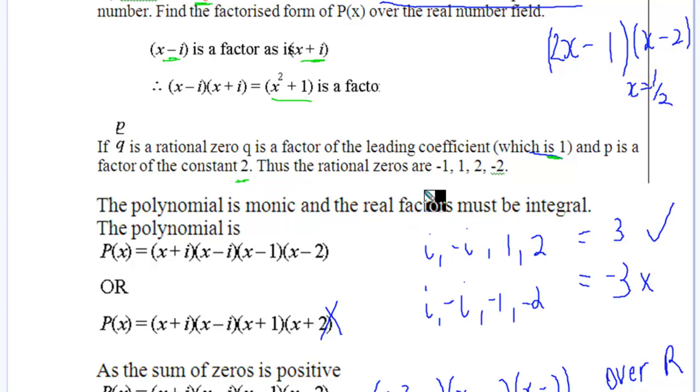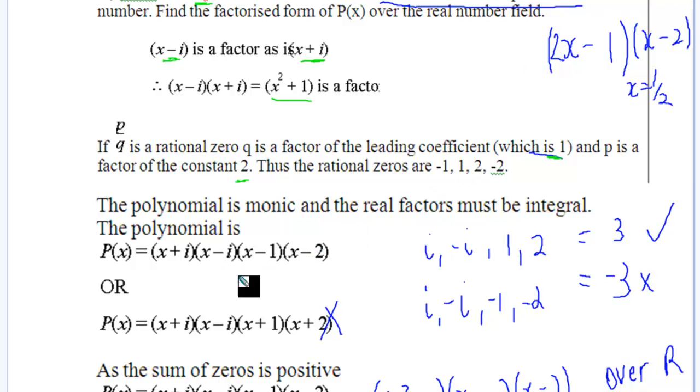So the rational zeros could be minus 1, 1, minus 2, 2. We basically have two situations: what we had before, i and minus i, and then either minus 1 and minus 2, or 1 and 2, because they've got to multiply to give us 2.